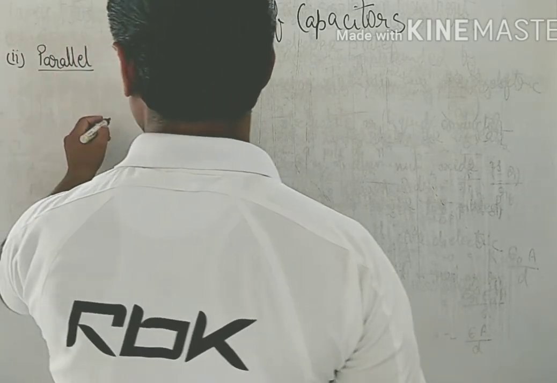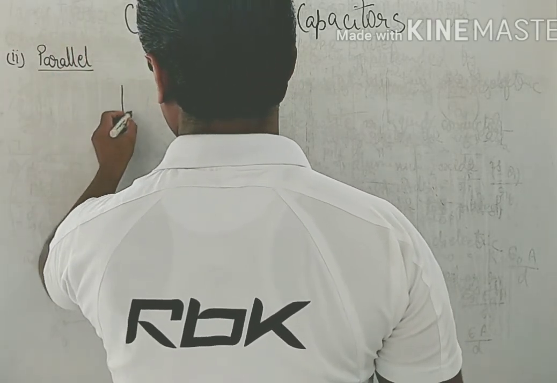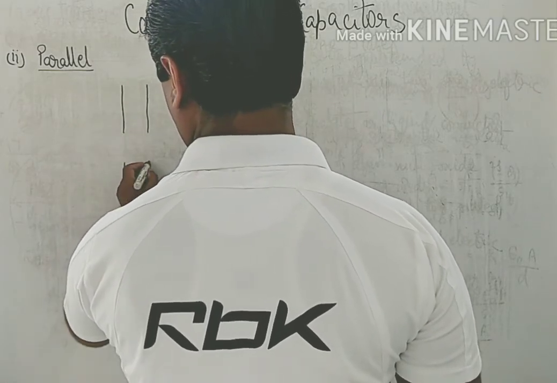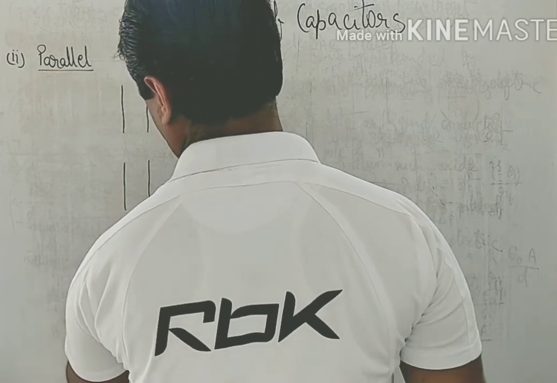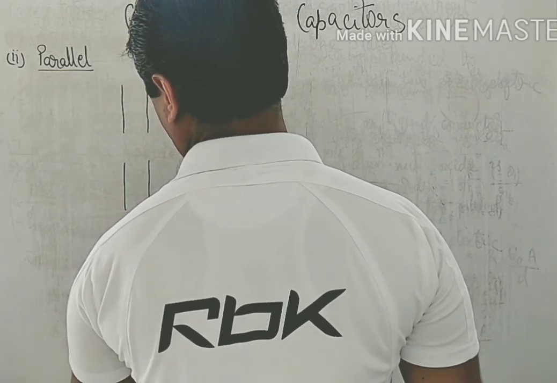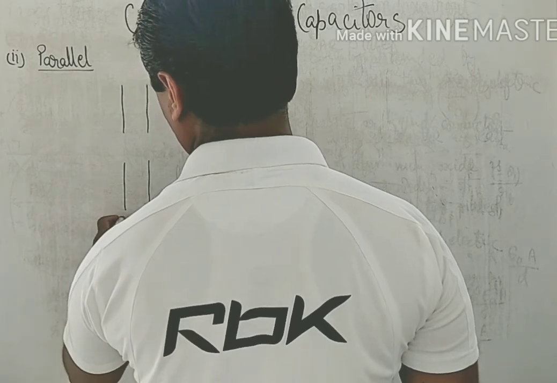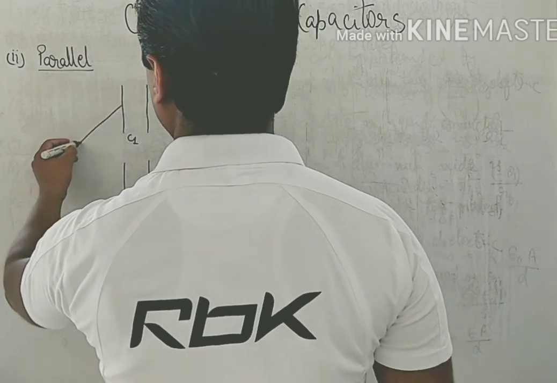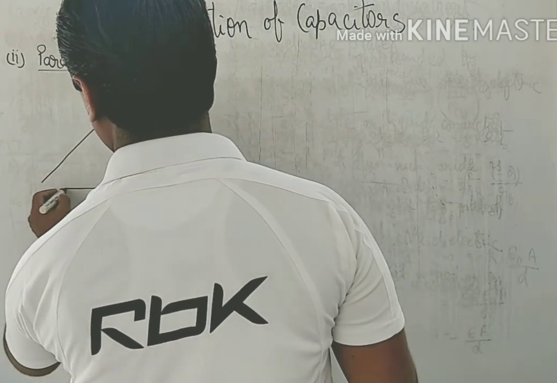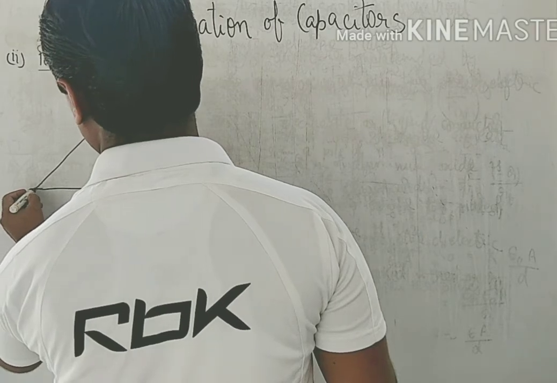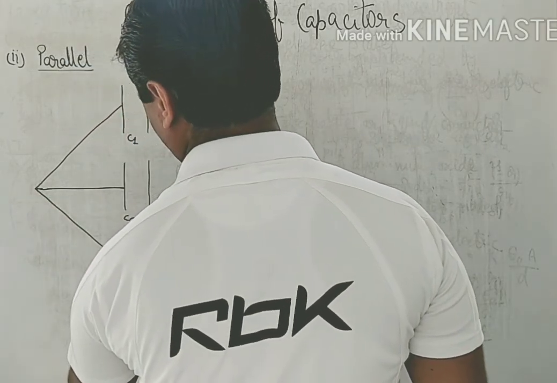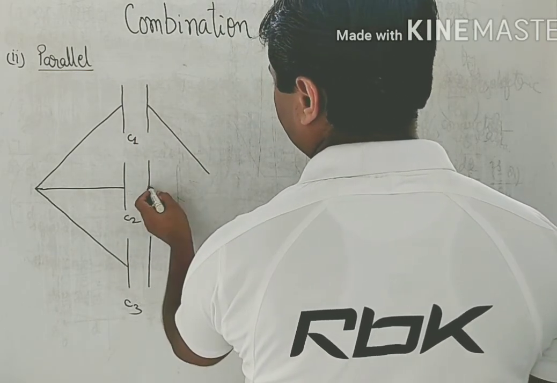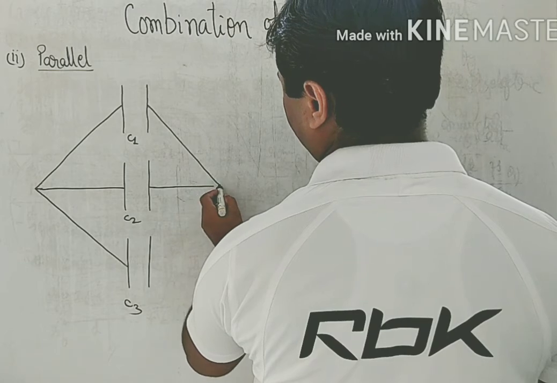Again, say we have three different capacitors. Now the capacity of this is say C3, this is C2, and this one has C1 capacity. Say these are connected in such a way that the first plates of all such capacitors are connected together, and the second plates are connected together.